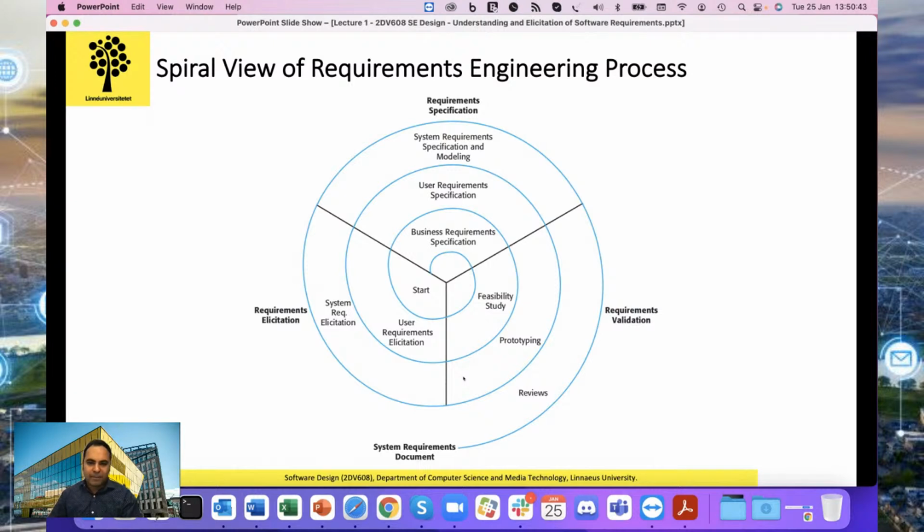Now, coming closer to the picture, we can see that we start from requirements elicitation. So we start here, and then we have some business requirements. Those business requirements are high-level requirements.